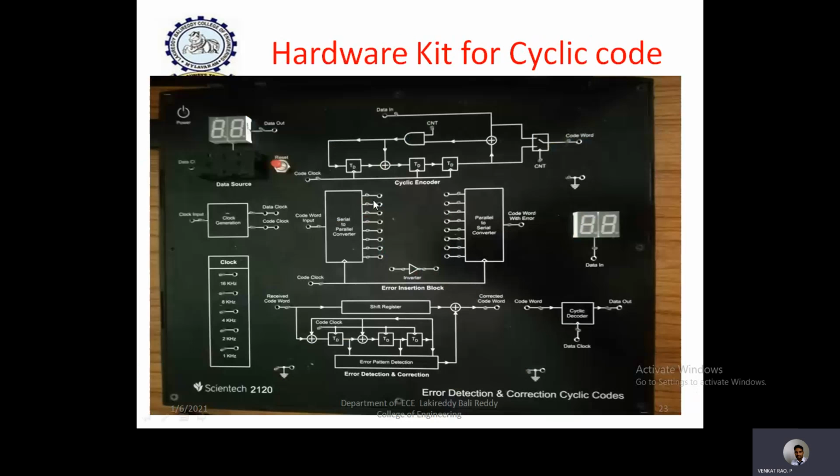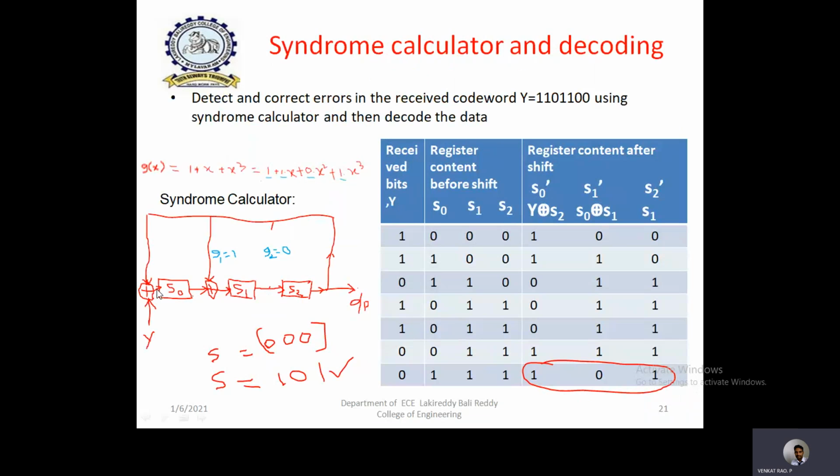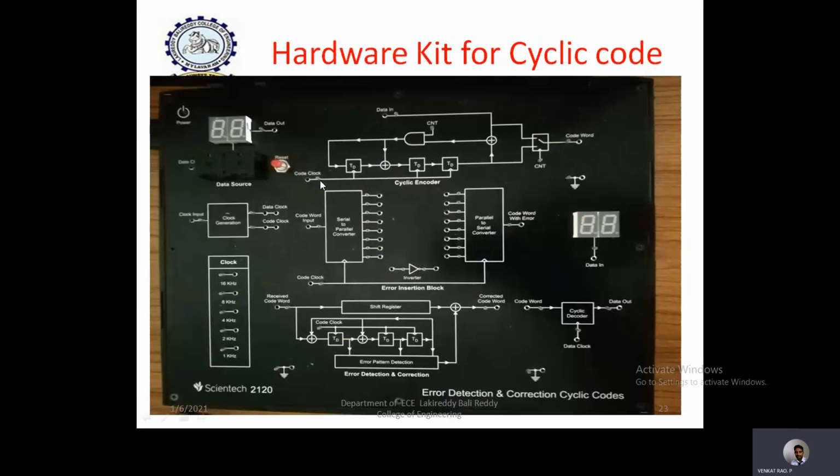Similarly, this is the syndrome calculator with 3 registers S0, S1, S2 and 1 XOR operation, no XOR operation elsewhere. Initially we have an XOR operation here, and on the encoder side, the last one is the XOR operation. So they are the same diagrams, and you need to compare them. Now you need to give an input from this data.